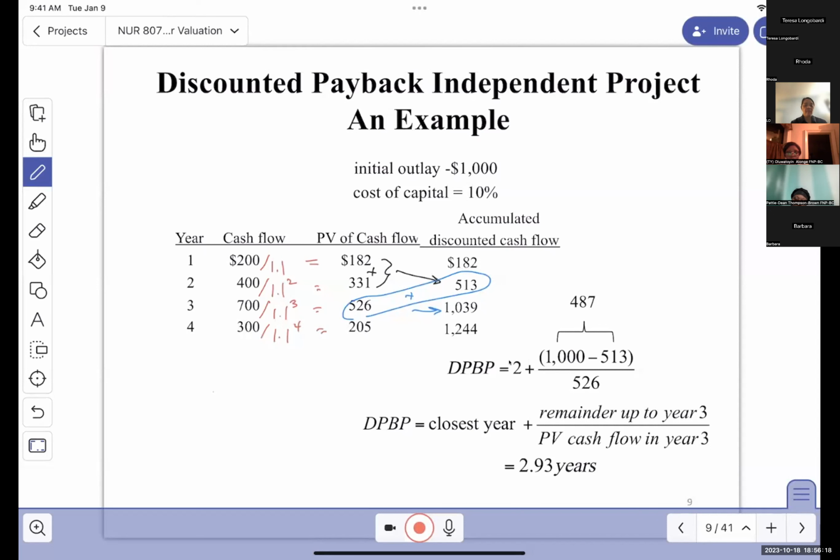So I'm going to take the same formula as before, the remainder. So that's going to be what's left. 1,039 minus 513 is 487, divided by the year 3 cash flow, 526, and then add it to 2. So now it's just before end of year 3, it's 2.93 years.